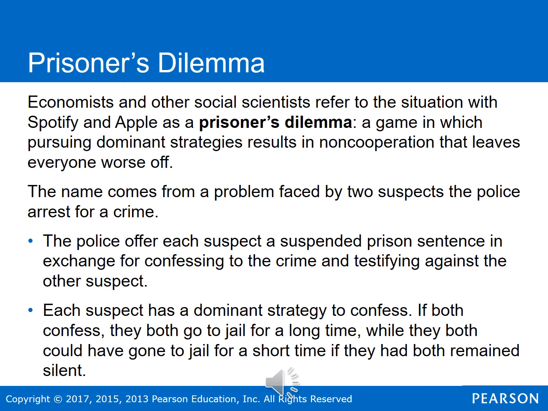Whoever takes the deal goes to jail for 5 years. Whoever doesn't take the deal goes to jail for 20 years. Both parties are encouraged to cooperate with police, to admit their part in the crime, and to give the information on the other person. So each suspect has a dominant strategy to confess, because no matter what the other one does, they're made better off by confessing.